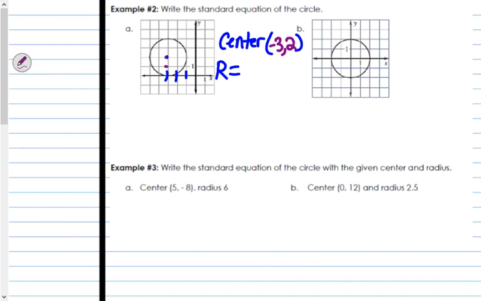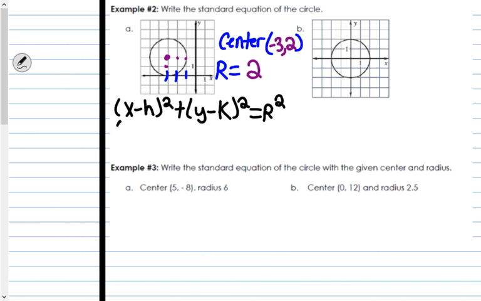The radius is from the center to the edge of the circle. Well, the center is right here, 1, 2. The radius is 2 units long. So now I'm going to write my equation of the circle. The standard form is (x - h)² + (y - k)² = r². I'm going to replace my h, my k, and my r.